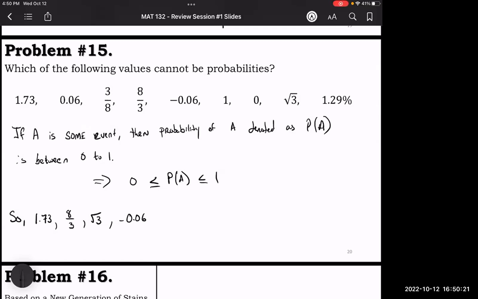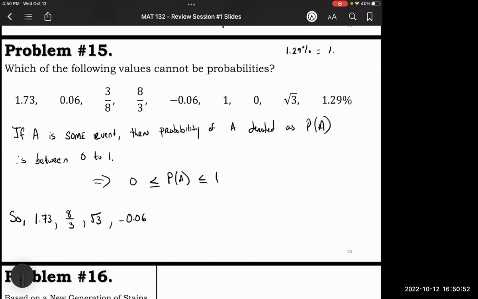I heard one more answer, which was actually wrong. That answer was 1.29%. You see, there I got everybody. That's where I throw my curveball. You can write this as a decimal by simply dividing the percent by 100, because that's what percent means. Per means divide, cent means 100.